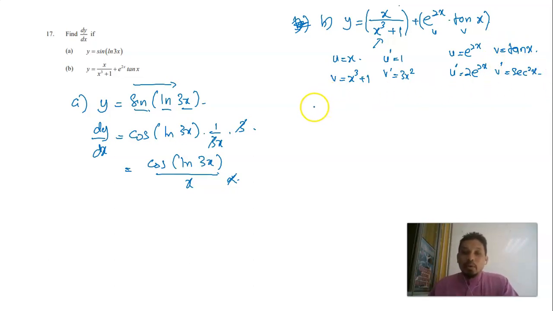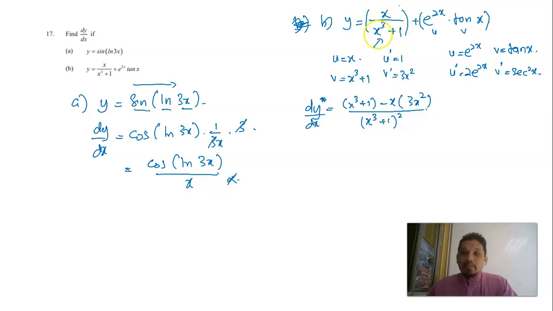Okay, so now y prime, or dy dx, equal to u prime v minus u v prime divided by v square. U prime 1 multiplied with v, so 1 multiplied with x cubed plus 1 minus u and v prime 3x squared divided by v squared, which is x cubed plus 1 squared.